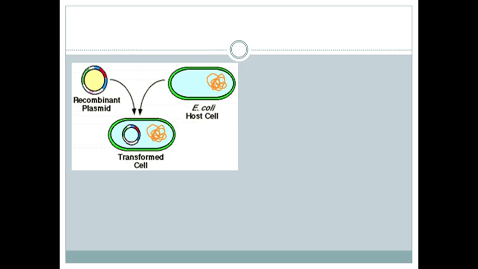For that, if the recombinant DNA bearing the gene for resistance to the antibiotic ampicillin is transferred into the host cell, say Escherichia coli, the host cell becomes transformed into an ampicillin resistant cell.